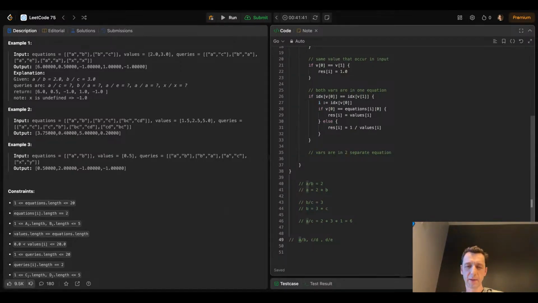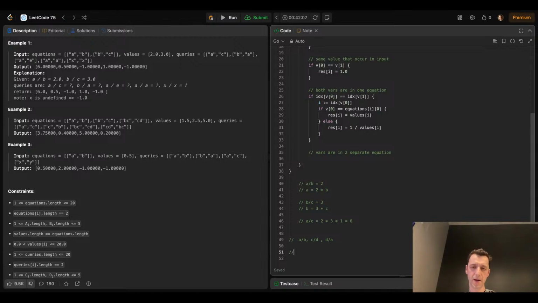That means we can express A through B, C through D, and let's say that there is D and A, okay?